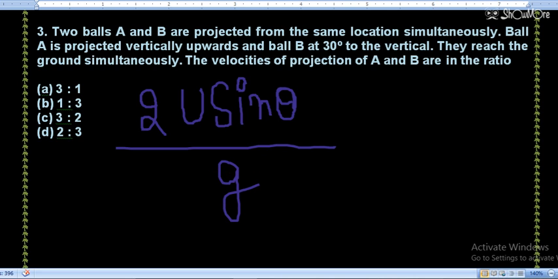So what we can do? For A we will write this equation, for B we will write the same equation, and we will equate the two, because the bodies will reach the ground simultaneously only if the time of flight is the same. For 10 seconds body A will remain in motion, for 10 seconds body B will remain in motion. So that means the time of flight for the given question will be the same.